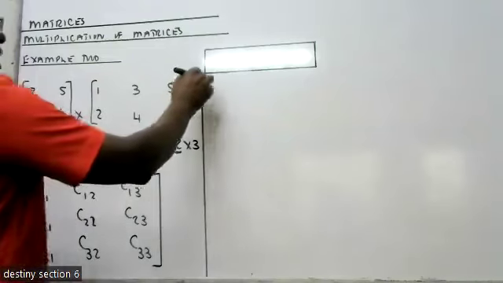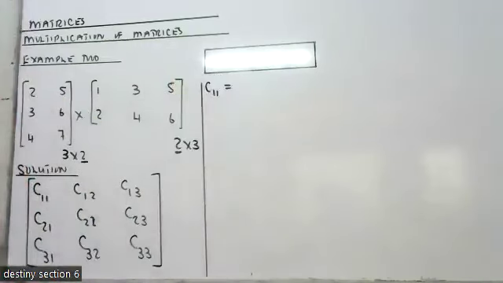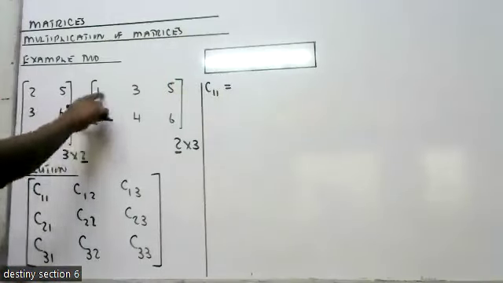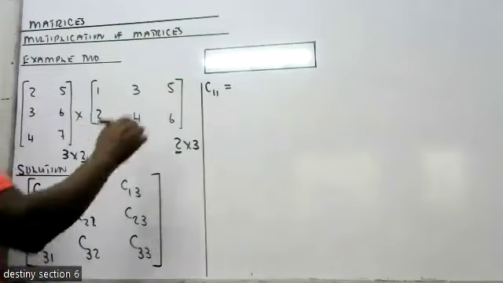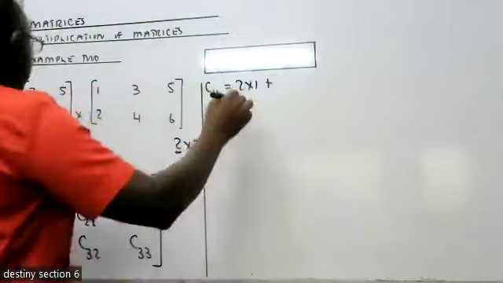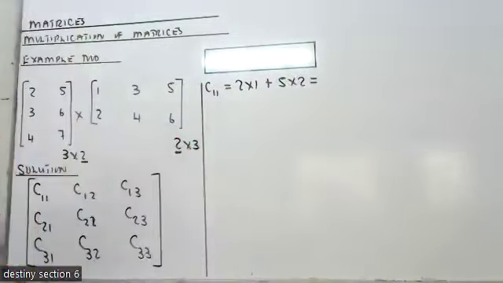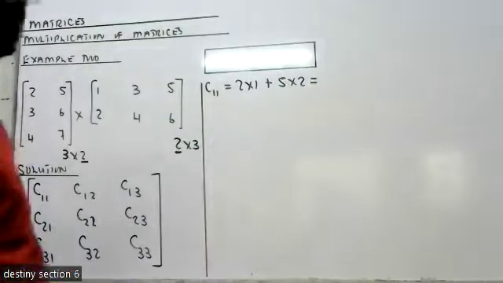So when we come here and say C11, we are taking the values in row 1, column 1. So it is 2 times 1 plus 5 times 2. 2 times 1 plus 5 times 2 is equal to what? 12.